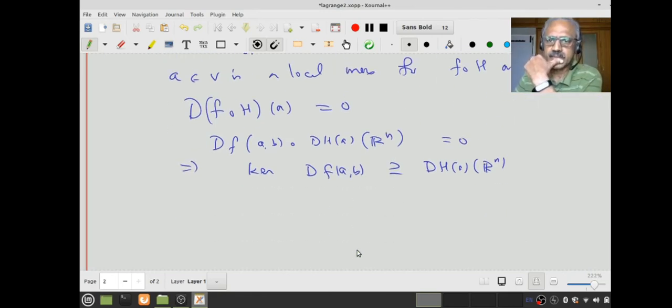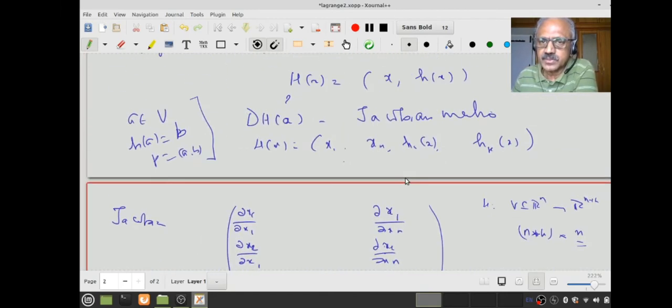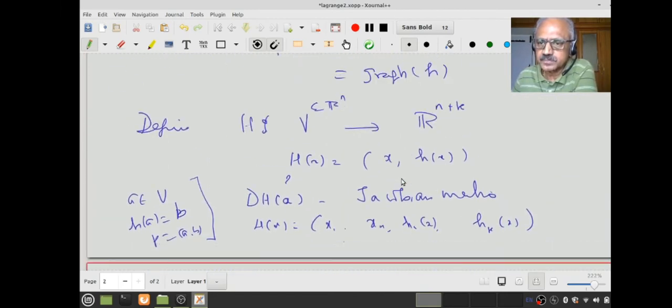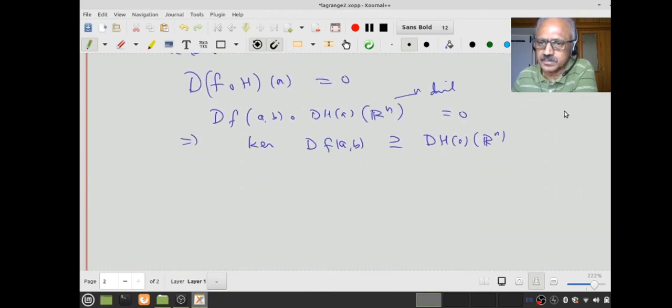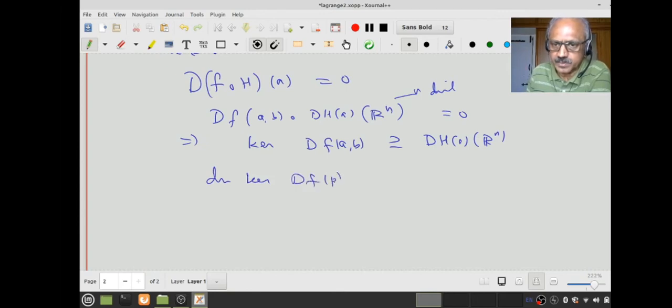You follow that? df at a b acting on this space, and what do I know? We know this is n-dimensional, because dh at a we saw is of rank n. Therefore, the image will be an n-dimensional subspace of Rn plus k. Yeah, you understand this? Very good. Therefore, the dimension of the kernel of df at a b, that is p, must be greater than or equal to n.